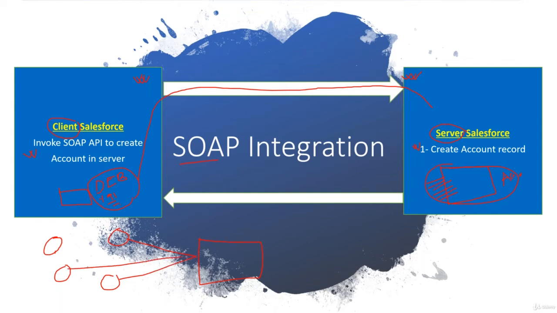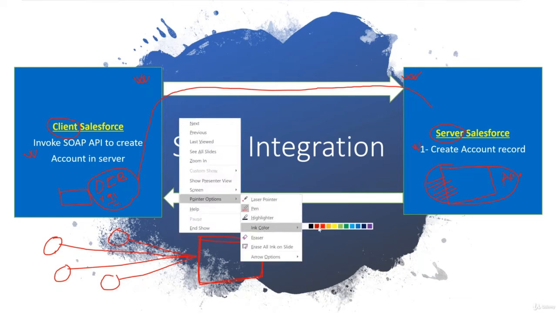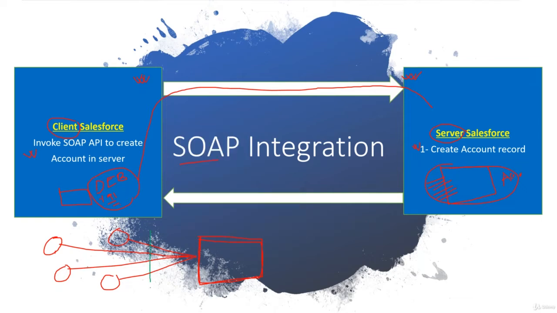Now when they want to pass them to you, you are not going to give direct access to your Salesforce. So what you did, you established one kind of integration layer in between.